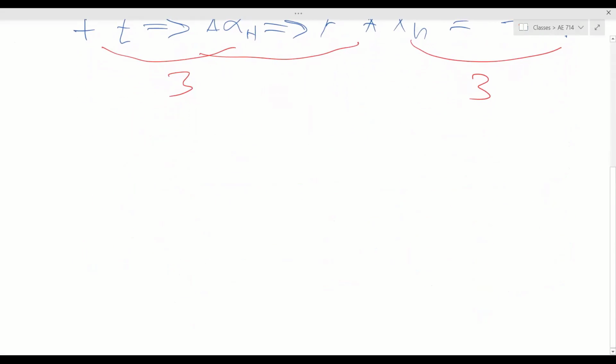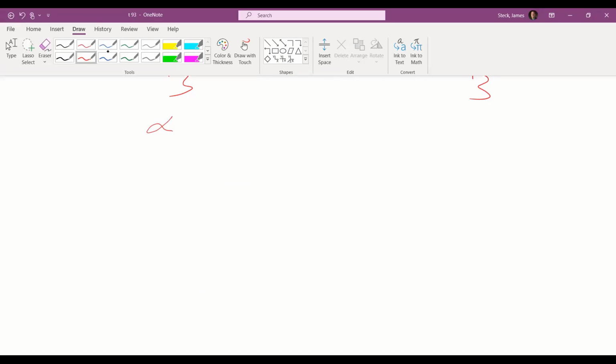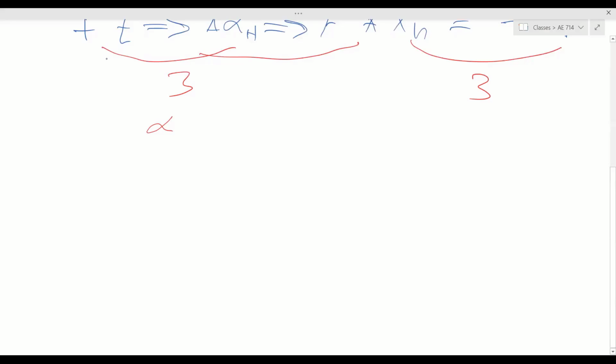Next problem was the total calculation problem. So 5 points for calculating alpha. You have to convert alpha. You have to calculate alpha dot C bar over 2U1. So the numbers that you should have gotten for this.